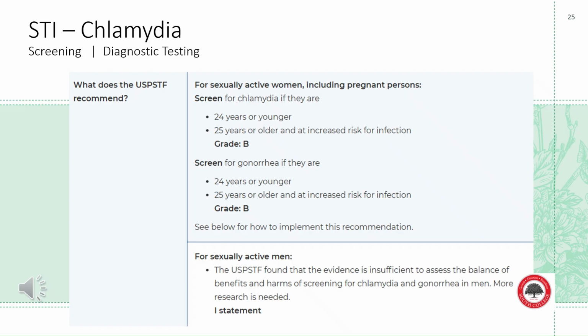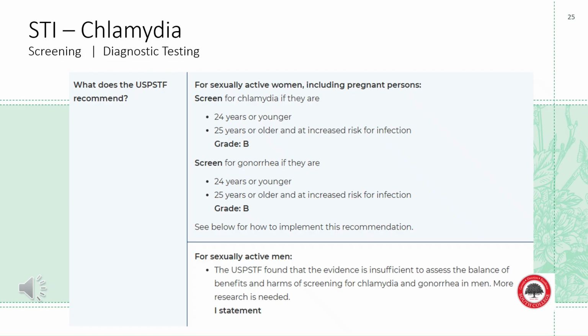The USPSTF recommendations for screening for chlamydia are that women under age 25 should get screened annually for chlamydia and gonorrhea if they're sexually active. These two problems are grouped together, chlamydia and gonorrhea.